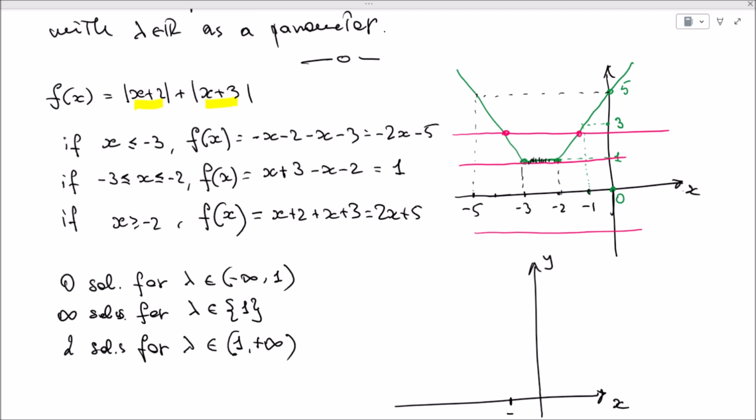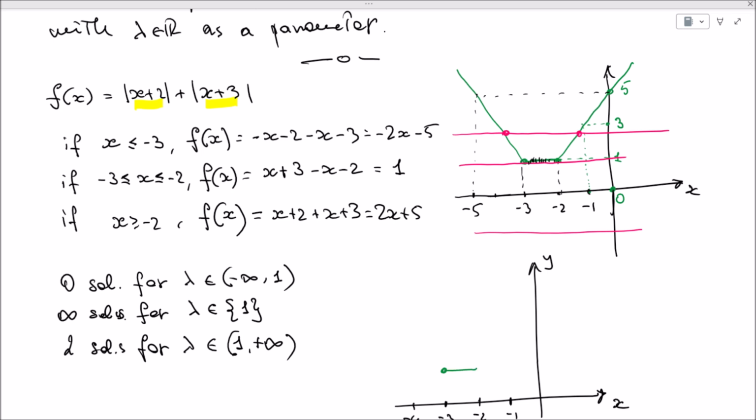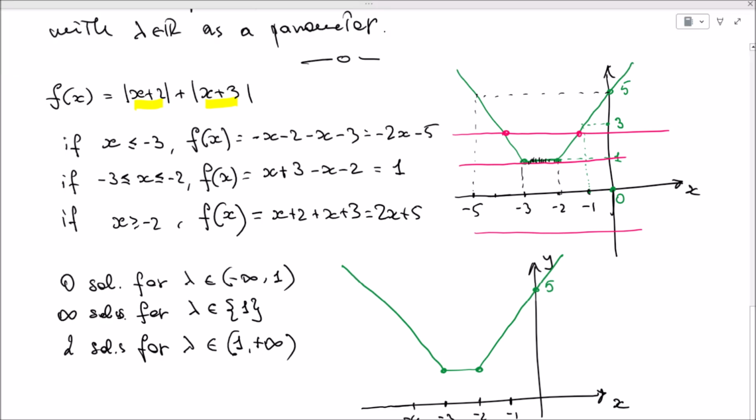So we have -1, -2, -3, -4, and we have this function, and let's say that this is -5.